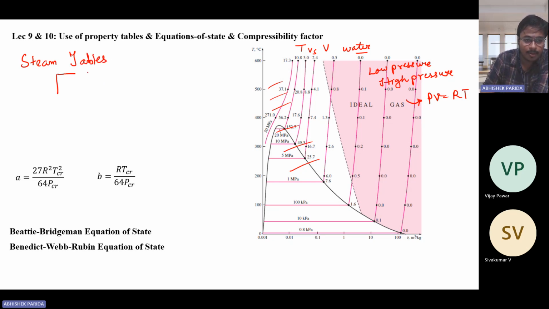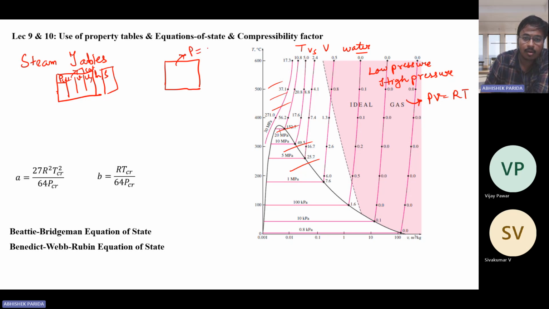One is the saturated table, where the first column will mostly be pressure or temperature. If pressure is given, this is the P saturation. The second column will be T saturation, and all the properties you get after that, like v, u, h, and s, you will find in this saturation table. But when we are coming to the superheated table, it will be different for each pressure.